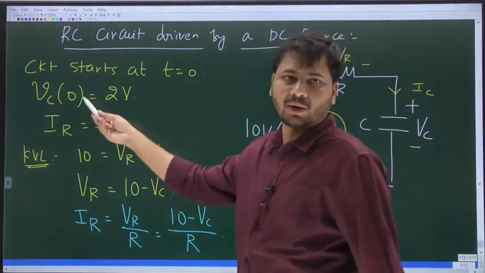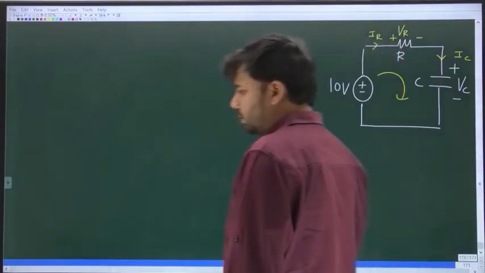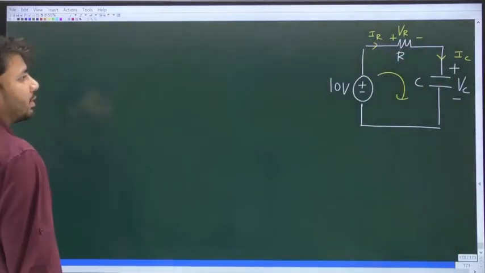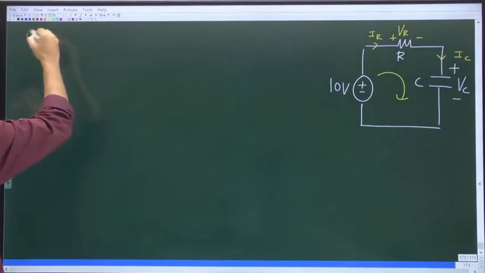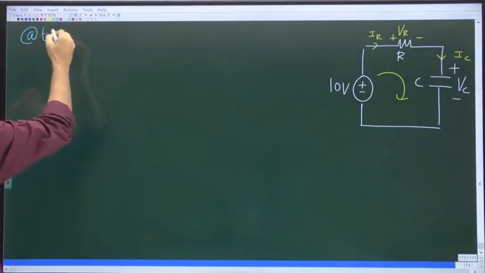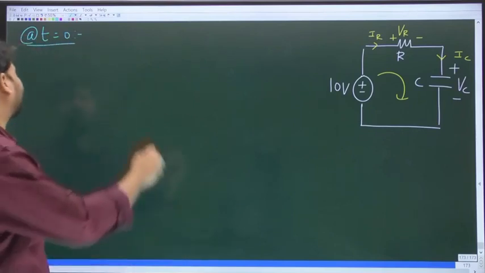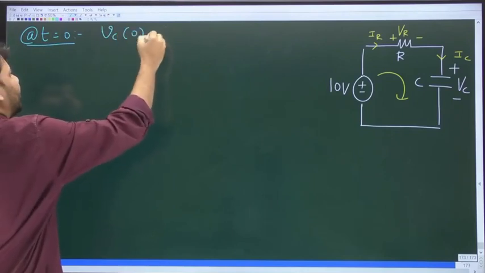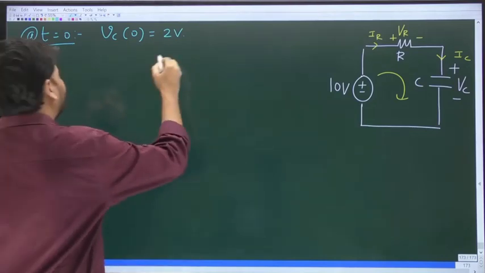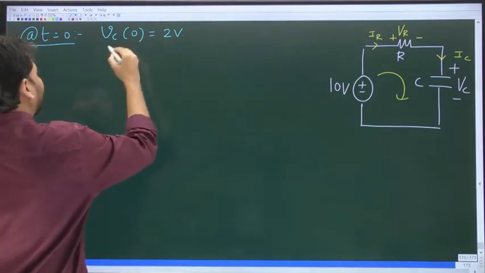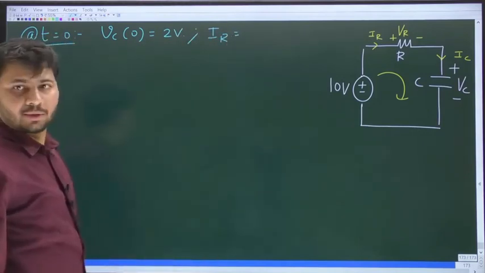Initial voltage across the cap is 2 volts. At t equal to 0, VC of 0 is 2 volts. If VC of 0 is 2 volts, can you tell me what is the current through the resistor?